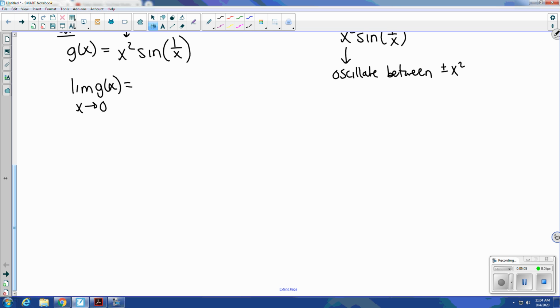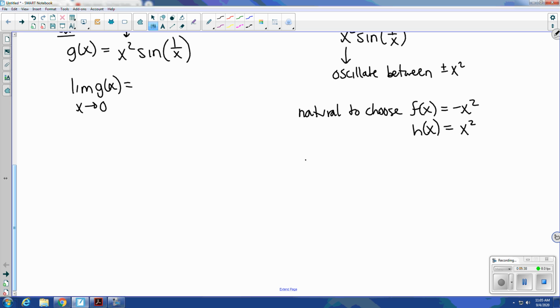So we can say it would be natural to choose f of x to equal negative x squared and h of x to equal positive x squared. Our g of x is what we're trying to evaluate. And remember, f of x and h of x, based on our definition above, are the two functions that g of x would be squeezed between.